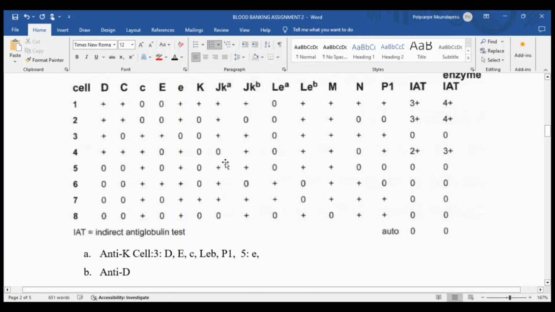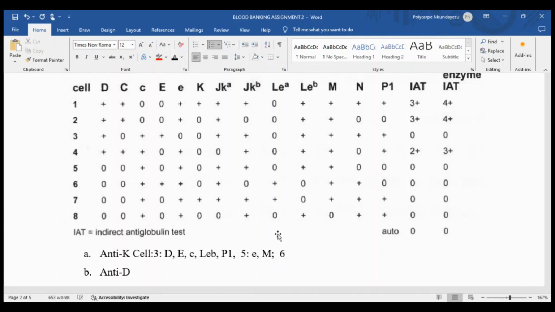Small e, Jka. Yes, Jka, can it be excluded? It can't. It is still together with the Jkb. Okay. Lewis b now, it is already out. Okay, we are done with cell number 5, right?